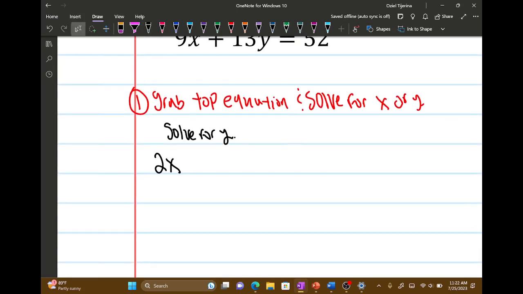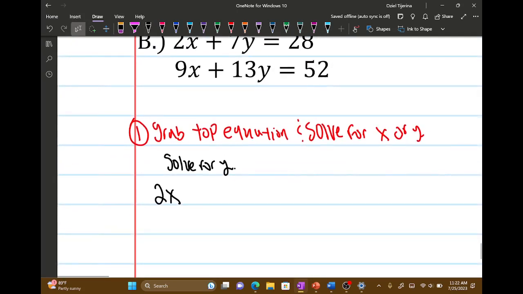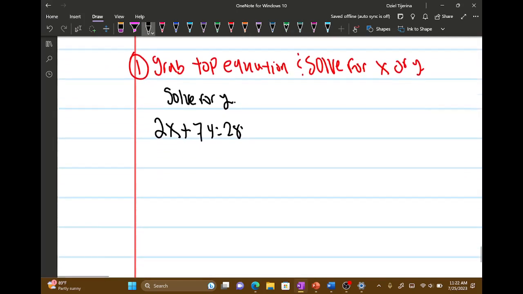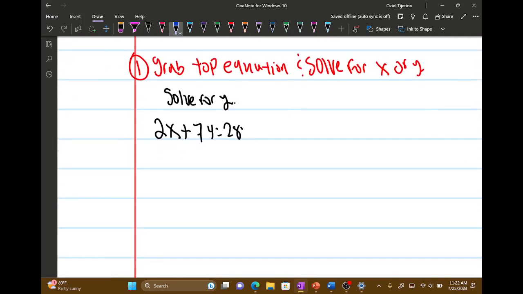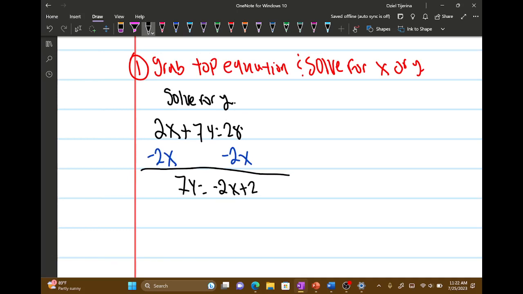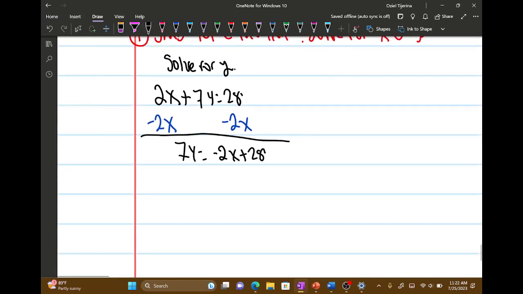So we have 2x plus 7y equals 28. To solve for y, we subtract 2x first, and we get 7y equals negative 2x plus 28. You can also say 28 minus 2x; it's the same thing.